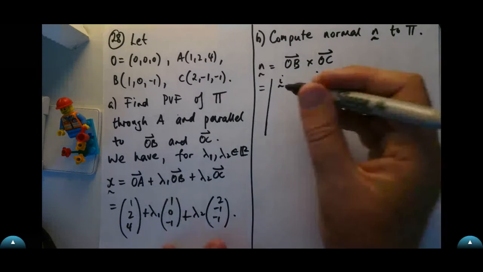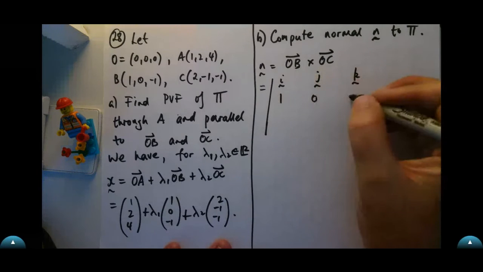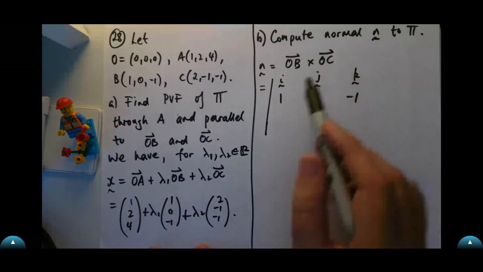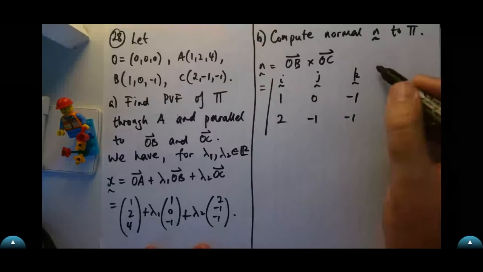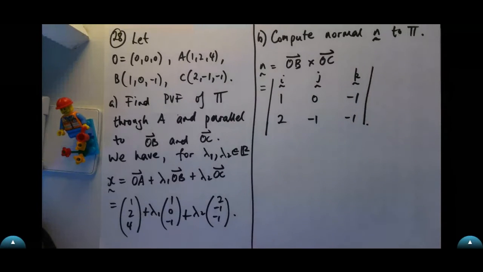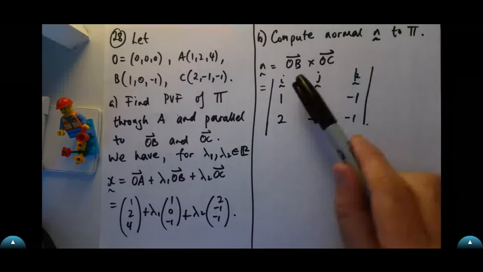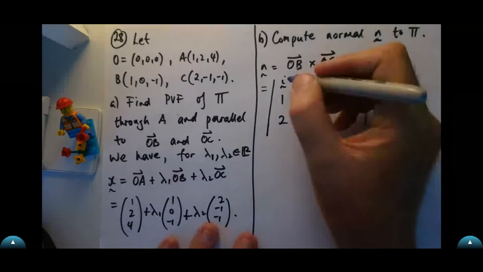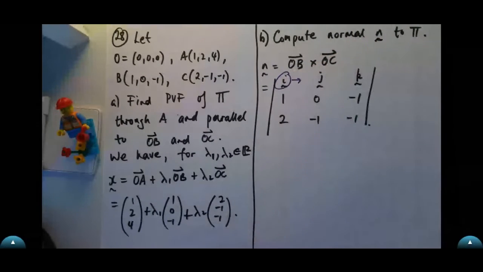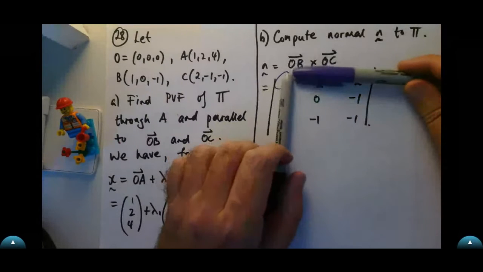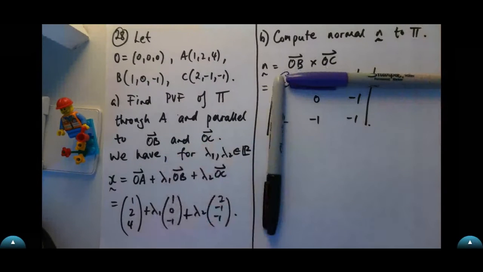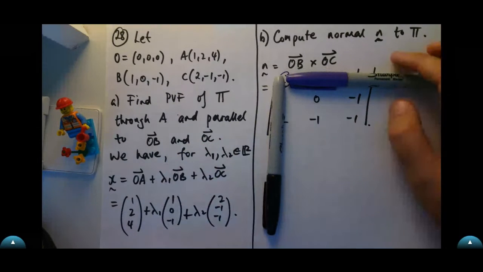Okay, so OB is (1, 0, -1), OC is (2, -1, -1). The way that I like to do these, I start up here, I expand along the top row, and you cover the first row and the top column, and you compute the determinant.